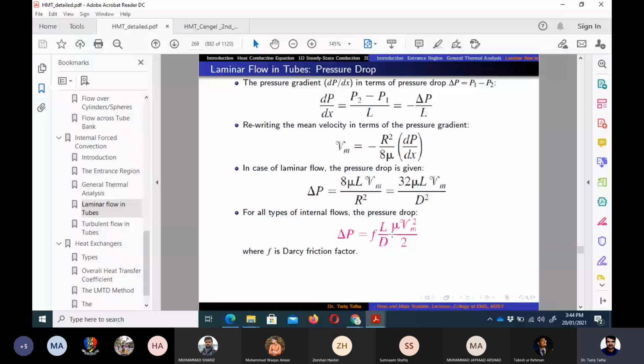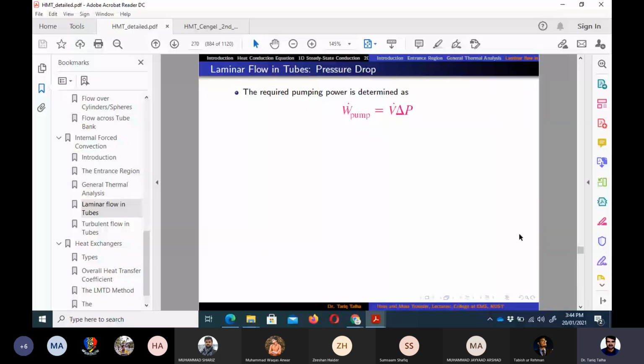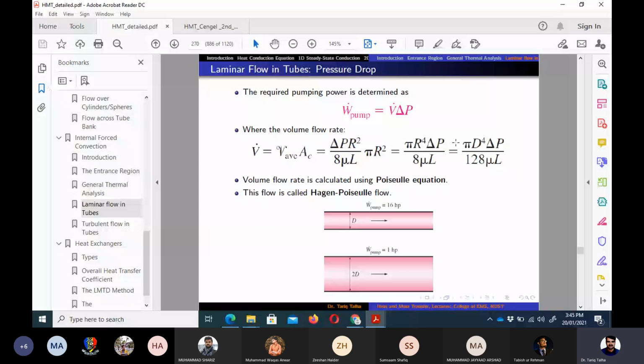And in the last class we also saw that we can write the power required for the pump to make that happen at a volume flow rate V dot, which would be equal to pi D raised to power 4 into delta P over 128 mu L. So this is the volume flow rate, and then we can determine the pumping power from here.